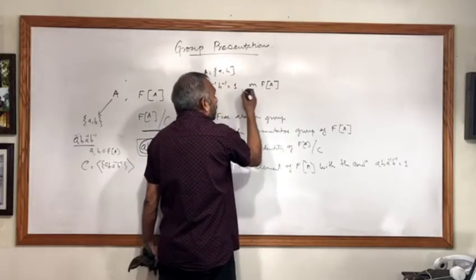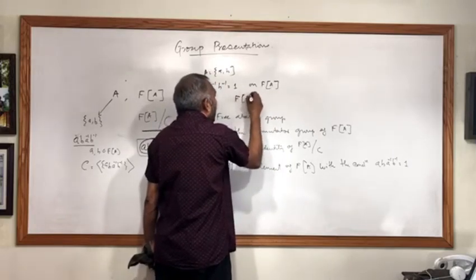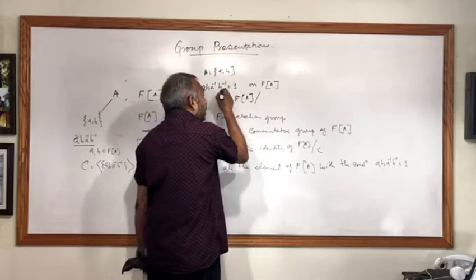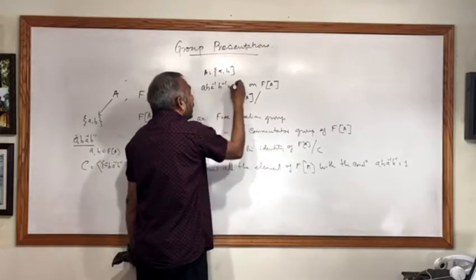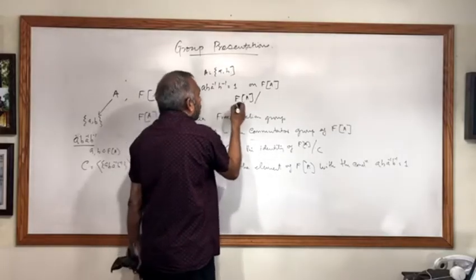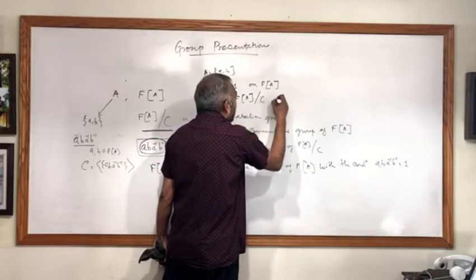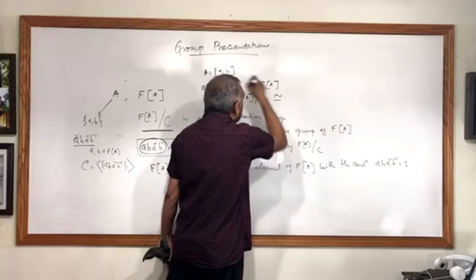Not a subgroup actually, because the binary operation will be different. So F of A over C will be isomorphic to that group.